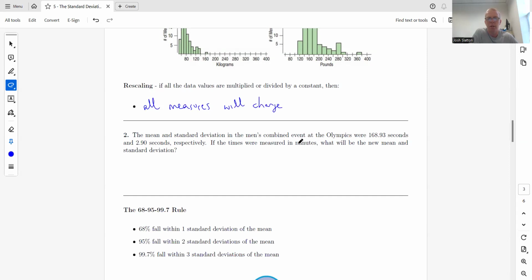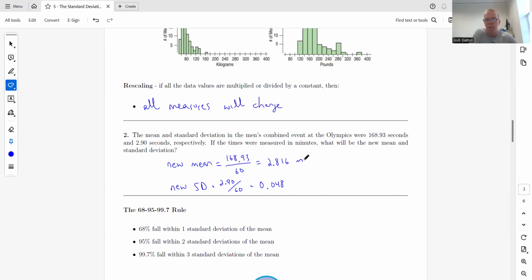So both of these are going to change when we divide. The new mean will be 168.93 over 60, and that is 2.816. And then the new standard deviation will be 2.90 over 60, and that is 0.048.